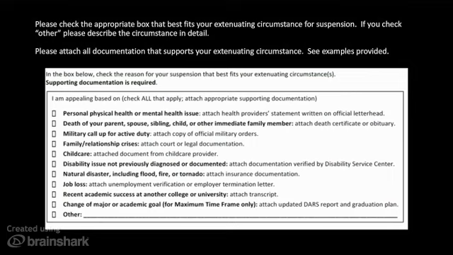If you have had a change of major or academic goal, please attach your updated DARS report and your graduation plan. If you have chosen to mark the box Other, please describe the circumstance in detail and provide all documentation that support your extenuating circumstance.